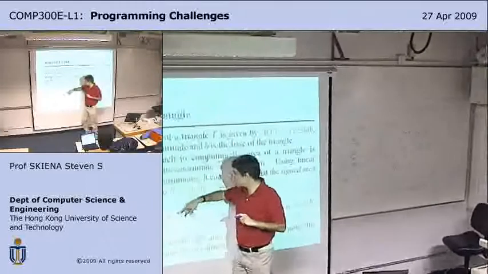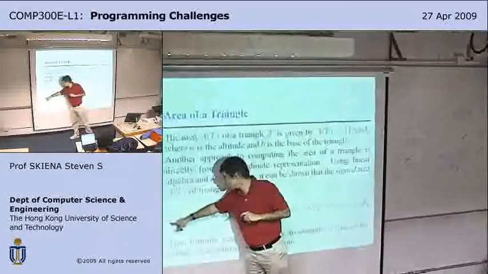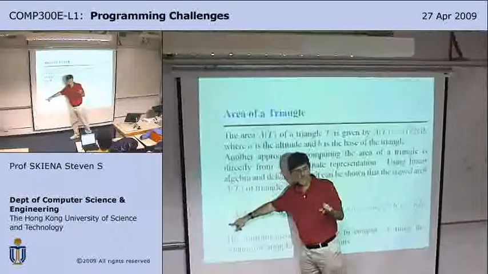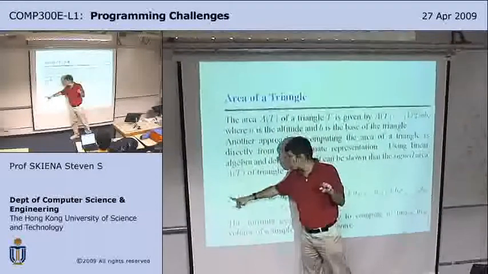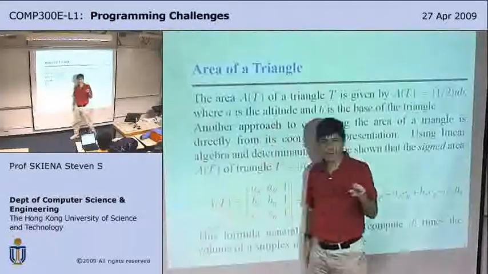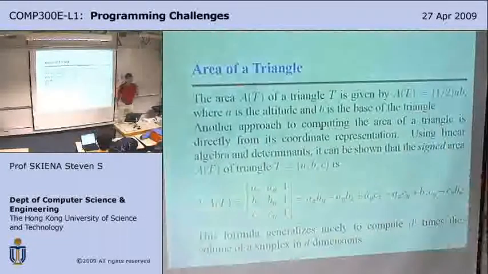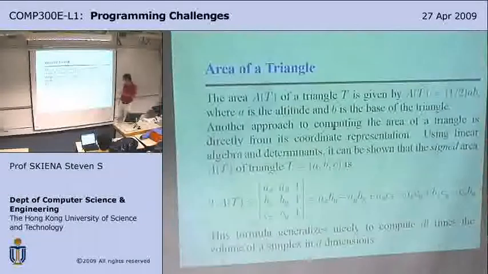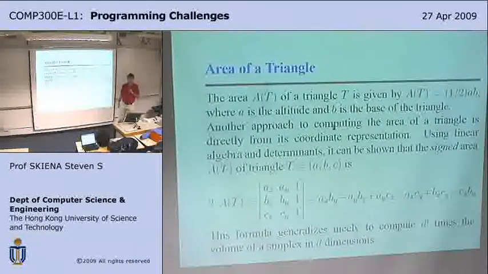And the only difference here is that instead of this being 2, this is going to be 6. Okay? This, in fact, is really d factorial. Okay? So this enables you to compute the volume in higher dimensions. Okay? Any questions about that?